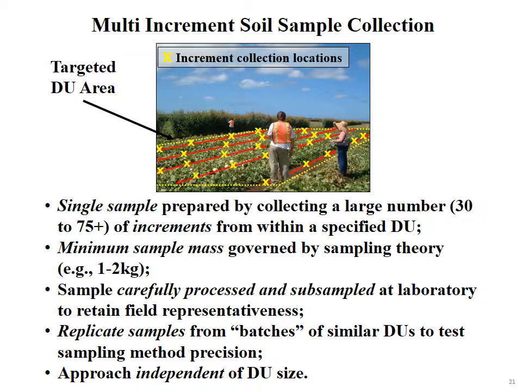So we're going back in at separate random locations, not these same ones. We don't do co-located samples, but we'll take separate stratified random locations located across the site, collect another 30 to 75 increments, and do that again.